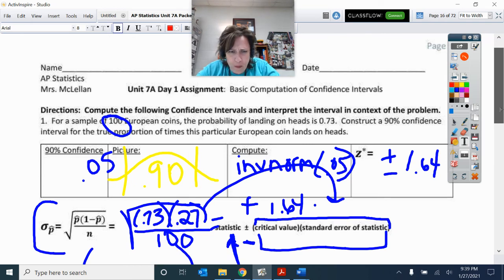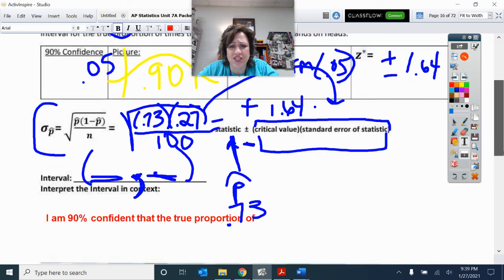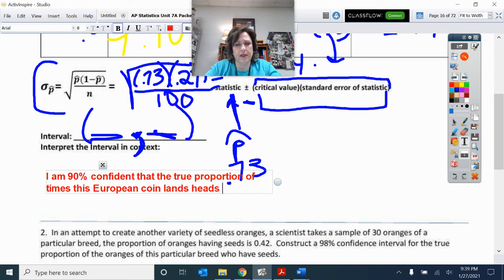The true proportion of times this European coin lands on heads is between this percent and this percent, whatever that is.